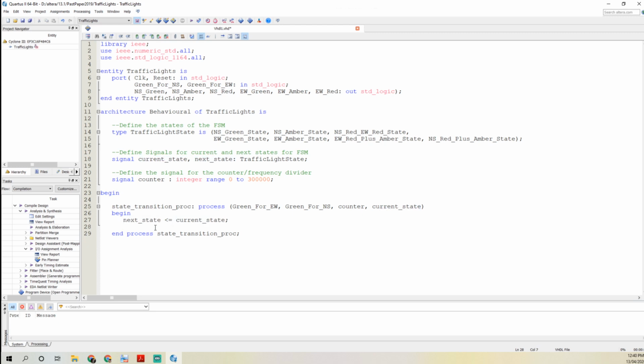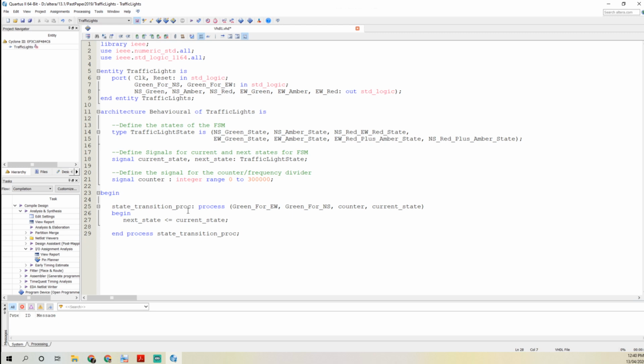In other words, we always want to store the value and tell the system, hey, the next state that you're going to be in is the current one, because you have to stay there. You're not moving to another state. All right, so that's always the purpose of this first line here.